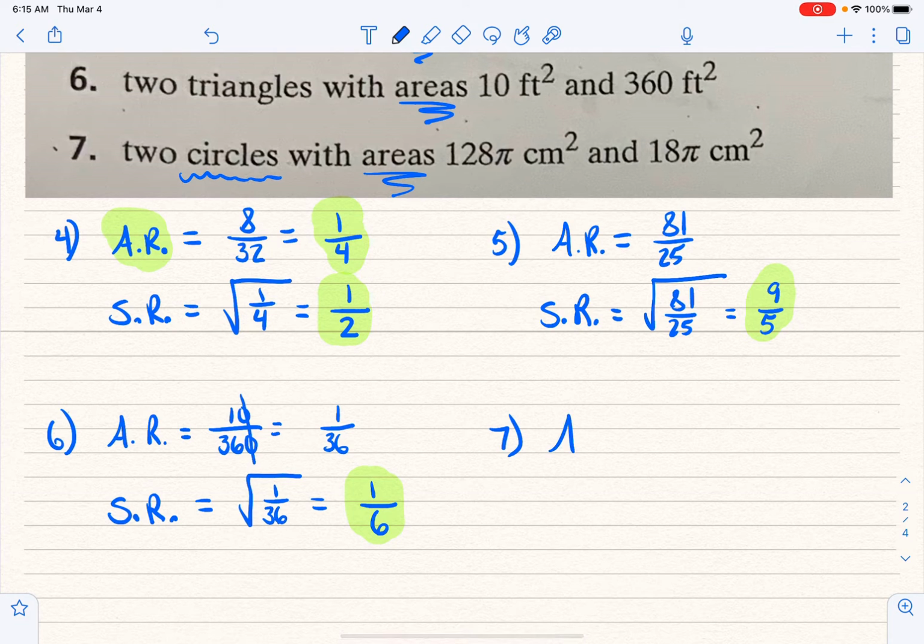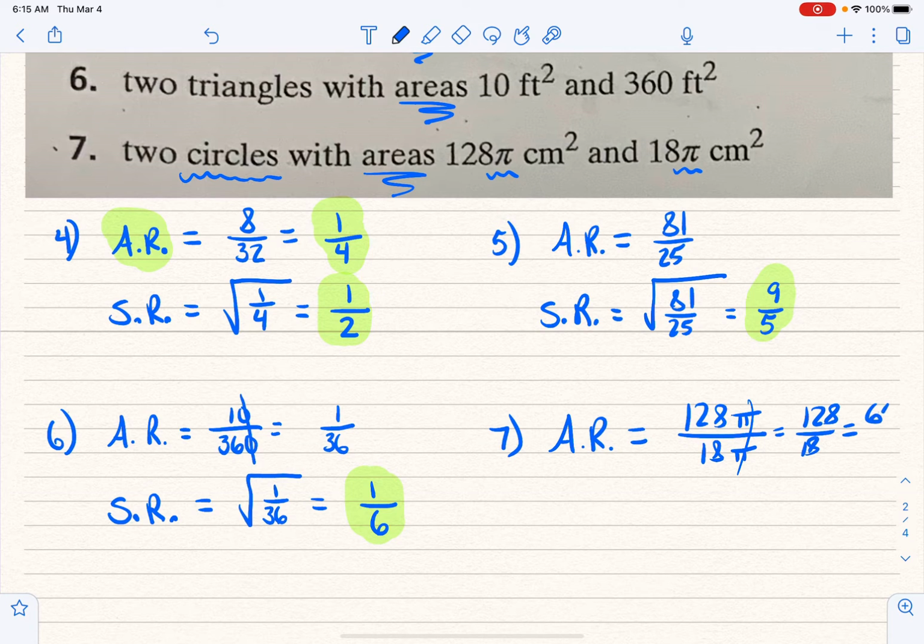Okay, so I know that there are area ratios. And you might have freaked out because you saw pi. But you've got to remember, the pi's would cancel out. Okay, so the area ratio is going to be 128 pi over 18 pi. Now, like I said, the pi's would cancel out. So you get 128 over 18. Now, I know more reduces than just that. They're both even numbers, if nothing else.